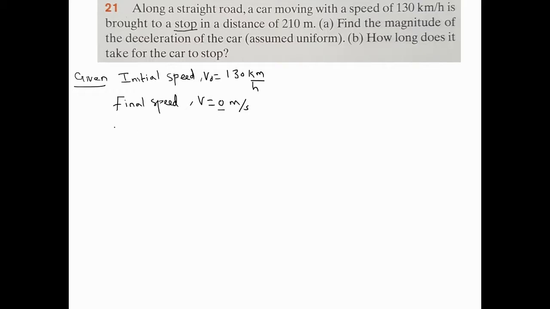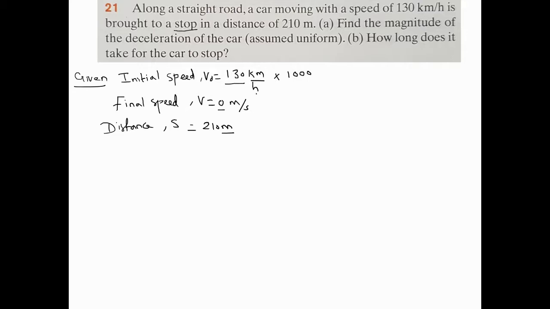So the distance covered, I am going to write as 210 meter. Now you can see here, your distance covered is given in terms of meter, so you have to convert this 130 km per hour into meter per second. If you want to convert kilometer to meter, you have to multiply by 1000.